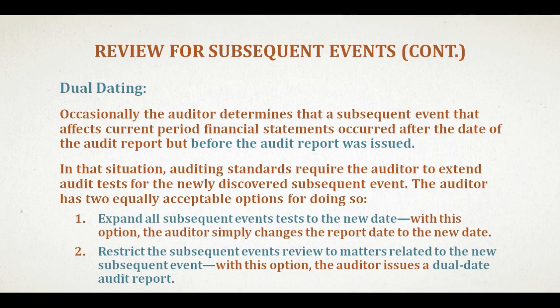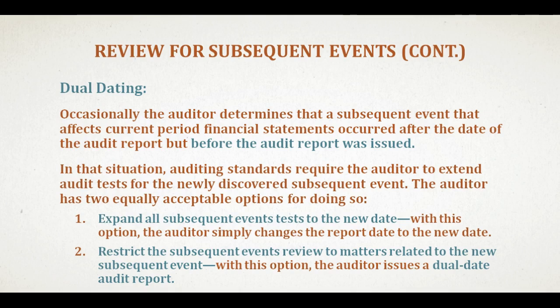Occasionally, the auditor determines that a subsequent event that affects current period financial statements occurred after the date of the audit report but before the audit report was issued. In that kind of situation, auditing standards require the auditor to extend audit tests for the newly discovered subsequent event. The auditor has two equally acceptable options for doing so.